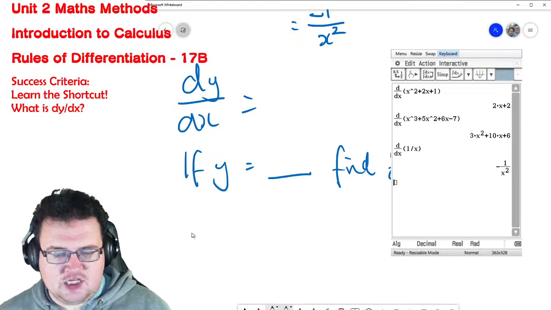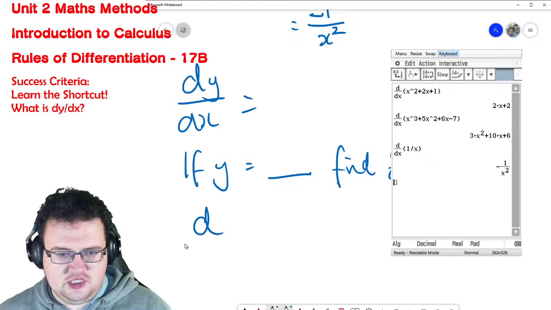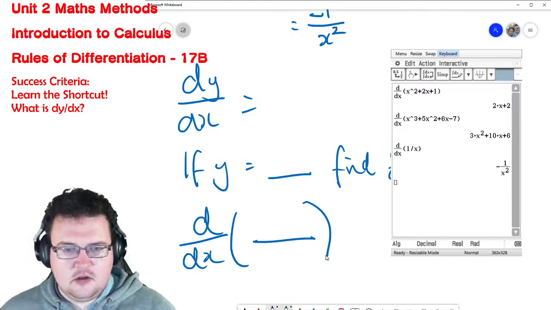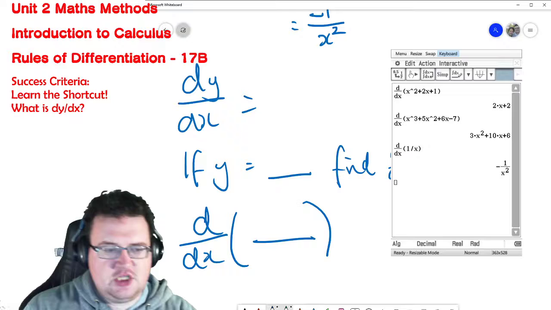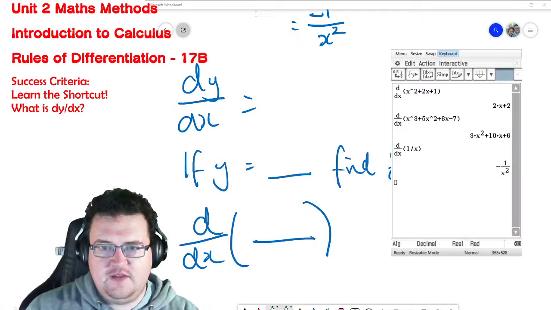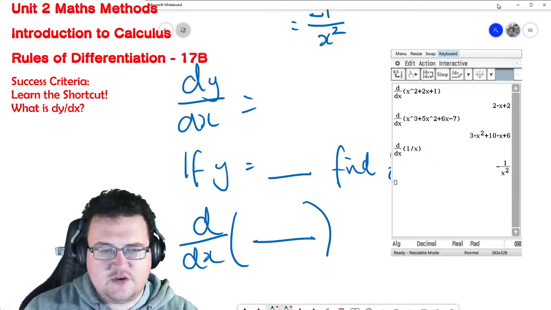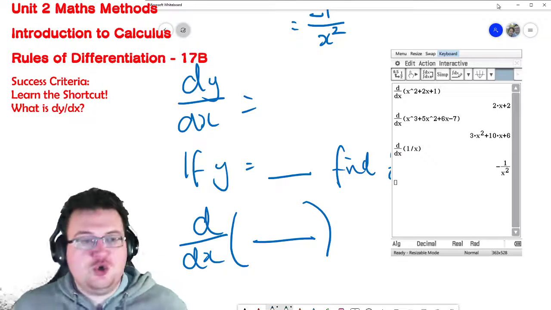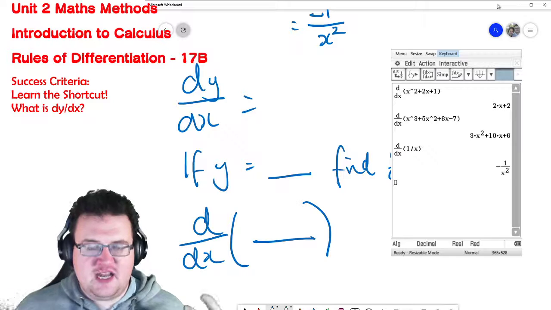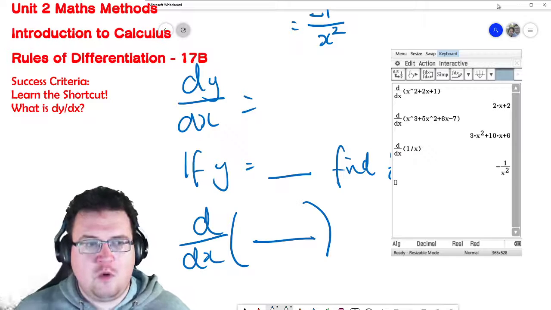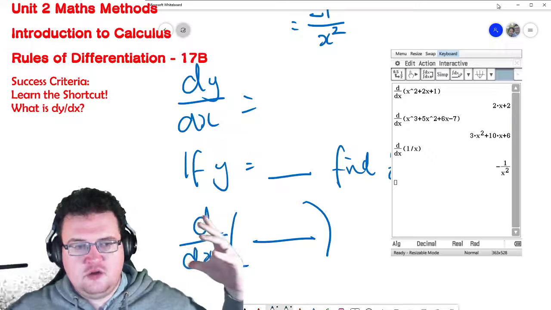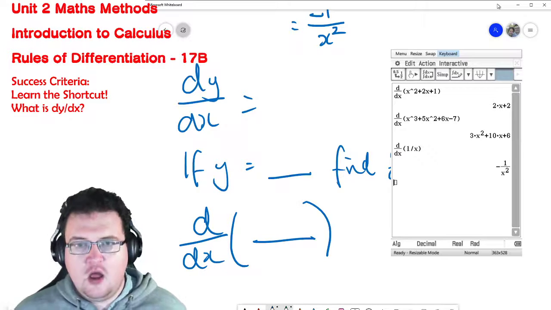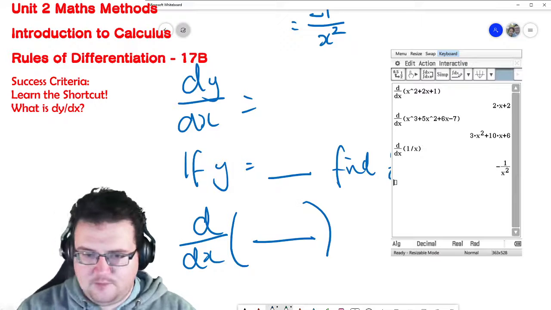Other times it's going to be just d dx bracket blur. There's lots of different ways to do it, but it all means the same thing in the end. You're taking the differential and finding the differential equation. Using that differential equation is something that we're going to look at next week. But for now, what we are looking at is just practicing that pattern, practicing that skill of creating these equations.